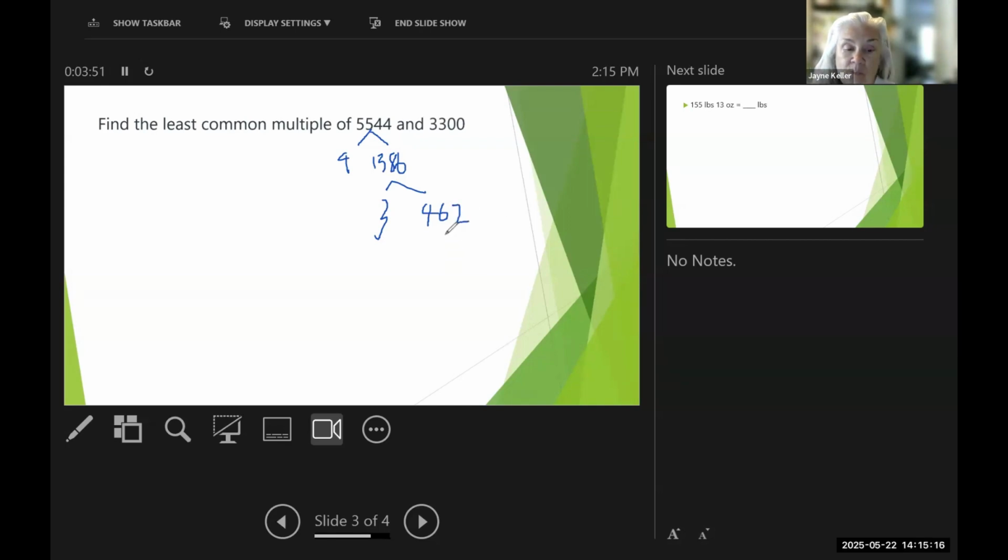And let's see, that's also divisible by 3. Divide by 3 again. And I get 154, which is not divisible by 3 because 1 plus 5 plus 4 is 10, but it's divisible by 2.